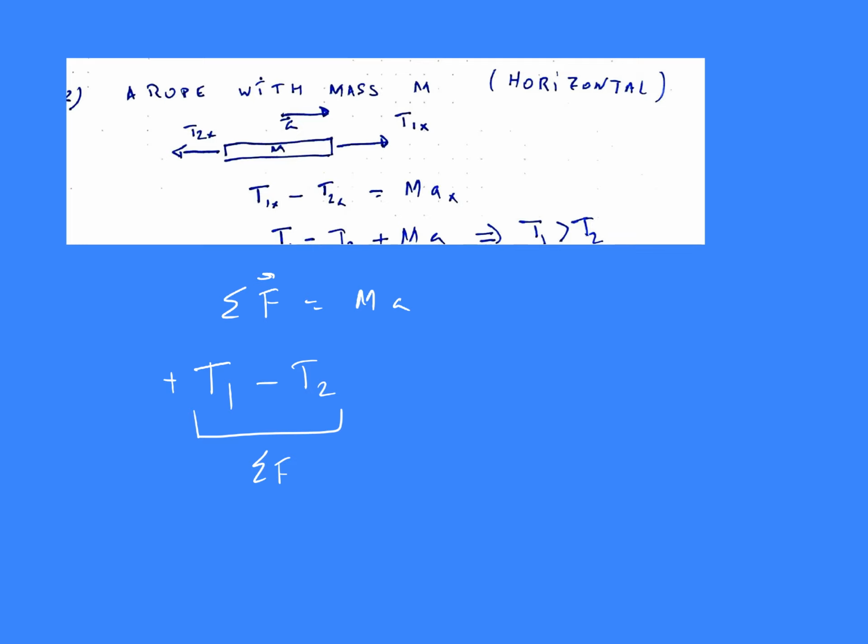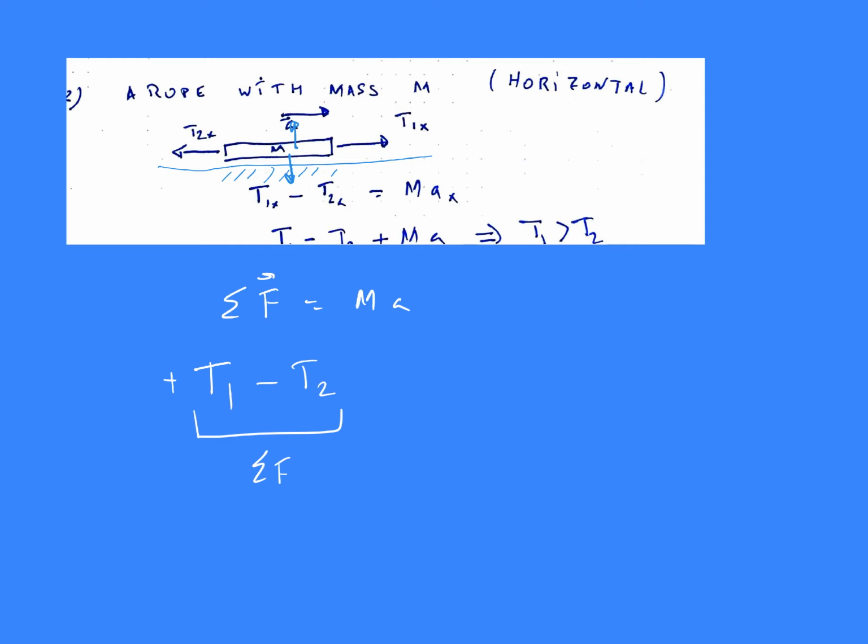The weight is not acting in the x direction, the weight is in the y direction, so the weight is not involved in this problem, because you may think that there is a floor here, so the weight is cancelled by the normal force.